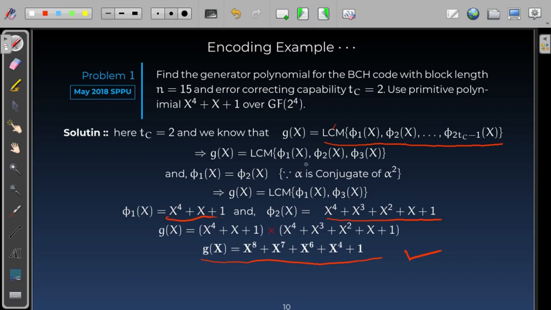After that, we have to actually calculate phi 1 of x, phi 2 of x and phi 3 of x. We have already seen that phi 1 of x and phi 2 of x are going to be conjugates of each other, right? And so does phi of 4 of x. If it was there, then you have to just multiply phi 1 of x and phi 3 of x in order to get your generator polynomial, right?